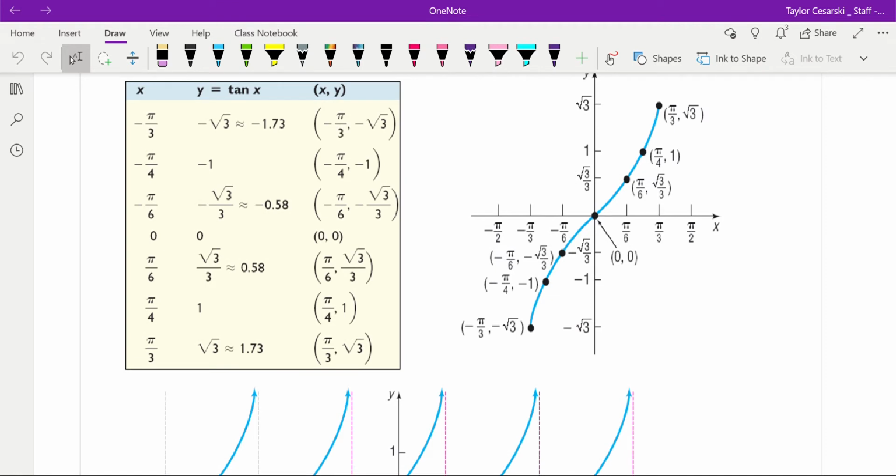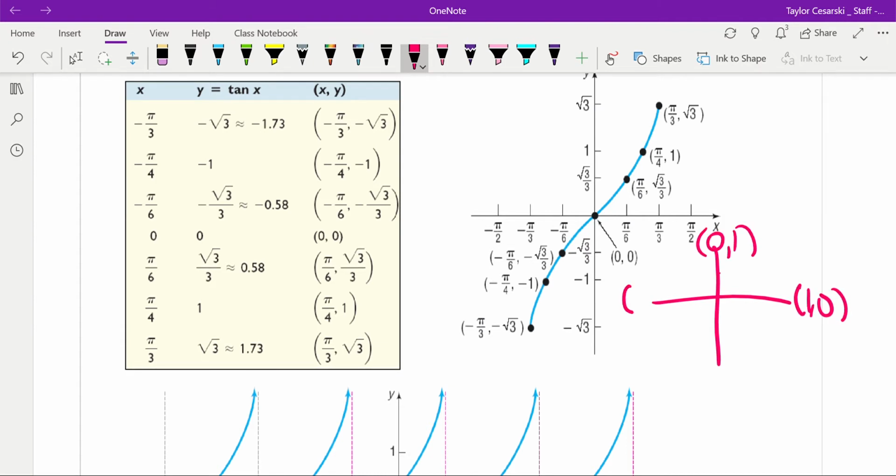So let's first start with tangent, and I'm just going to sketch out my unit circle with the four angles on my quadrants. I'm going to ask myself, where is tangent undefined? That's going to be my key places. Remember, tangent is sine over cosine.